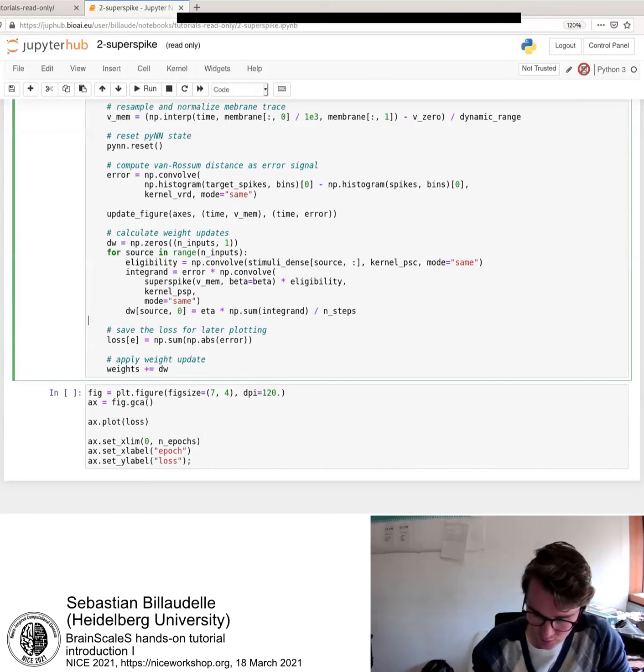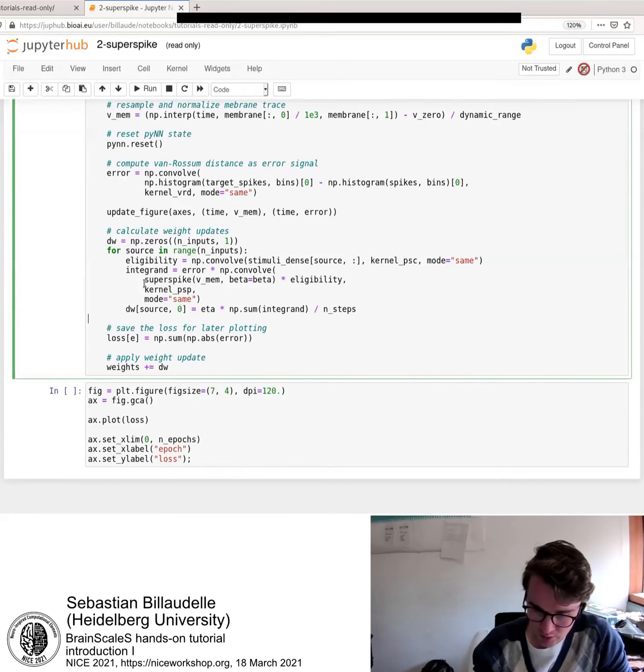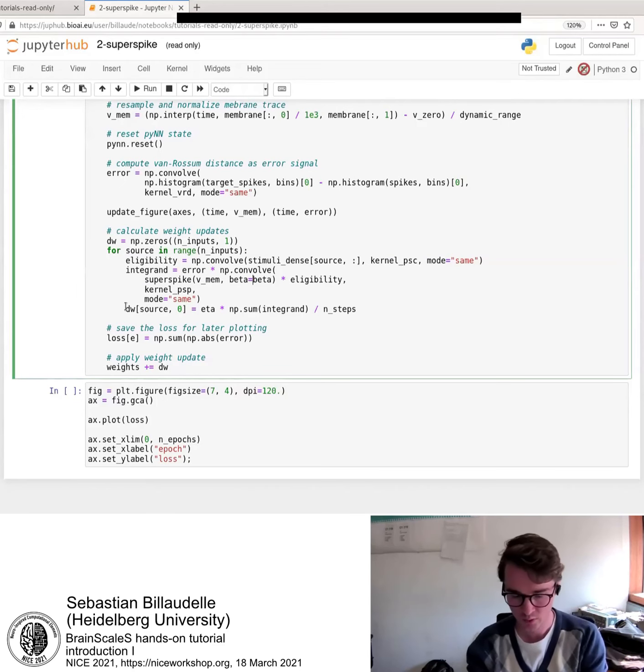We calculate the surrogate gradient, multiply by the eligibility, which results from the input spike trains and the convolution with the exponentially decaying kernels. Calculate the product of that, perform the convolution, multiply with the error trace, the van Rossum distance, and simply perform the integral to calculate delta W, and in the end, update our weights with delta W.